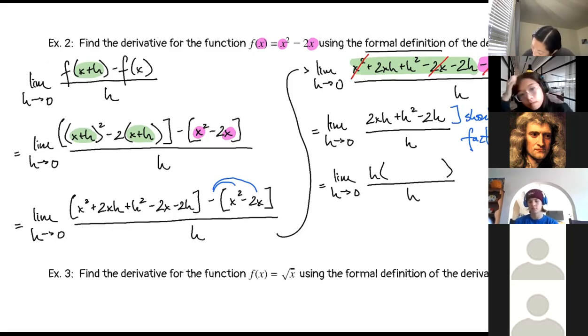Perfect. 2x plus h minus 2. Now, the beautiful part about being able to factor out an h, that was a problem in the bottom, gone, no more problem. And so what we have now is the limit as h approaches 0 of 2x plus h minus 2.